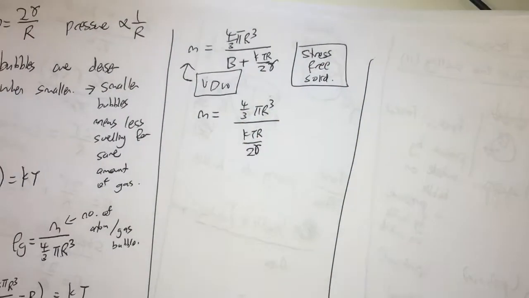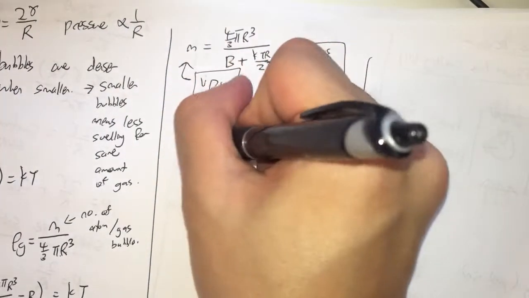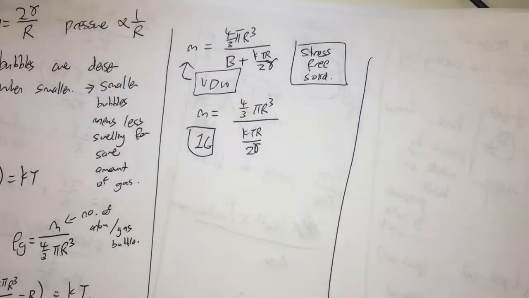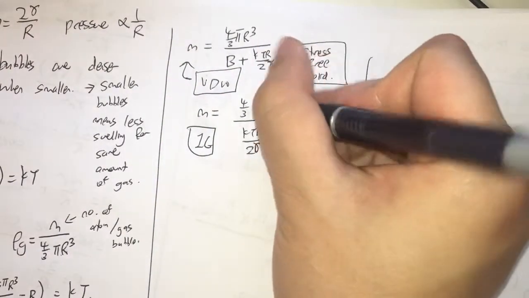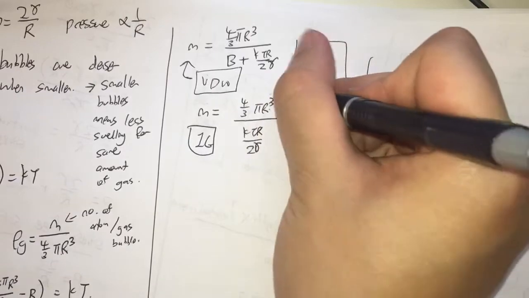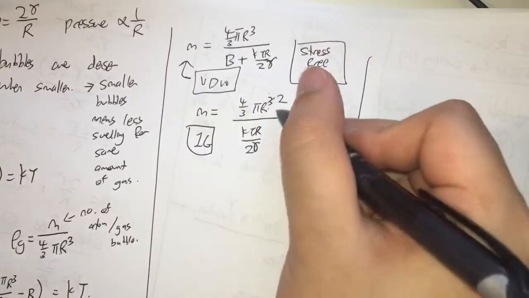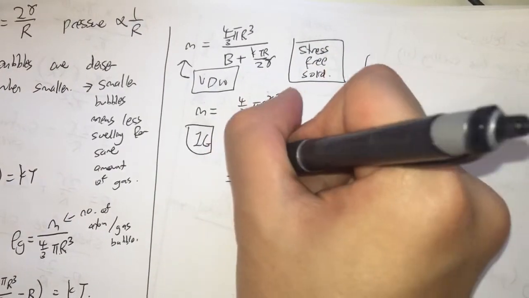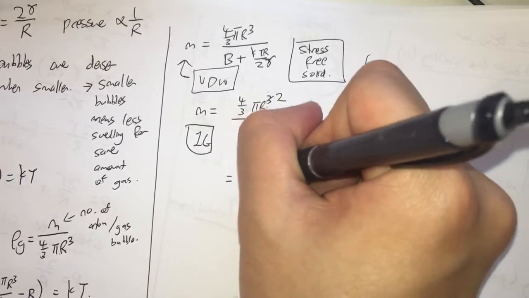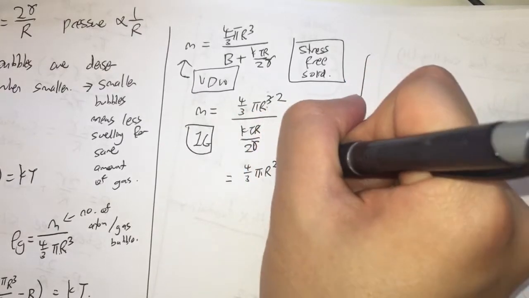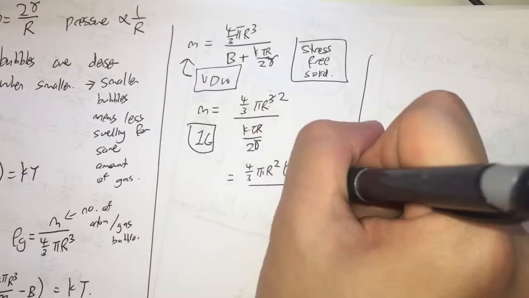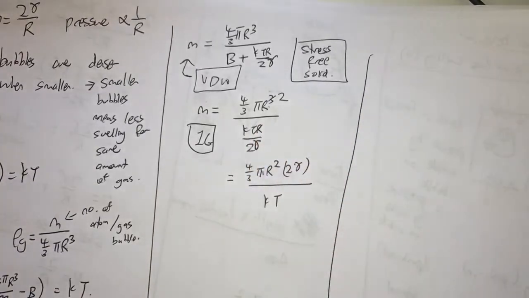Ideal gas is here, so we will cancel these R's out. The 2 will go on top, so 4/3 pi R squared 2 gamma over kT.